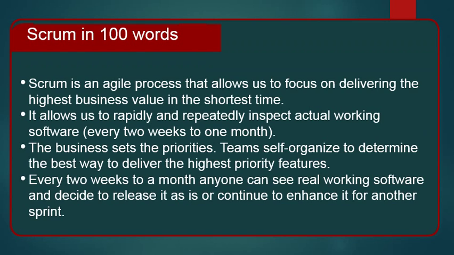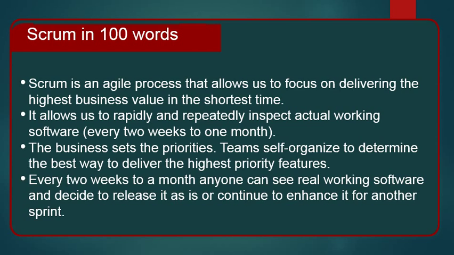And if we want to tell about Scrum in 100 words, it will be: Scrum is an agile process that allows us to focus on delivering the highest business value in the shortest time. It allows us to rapidly, repeatedly inspect actual working software every 2 weeks to a month.